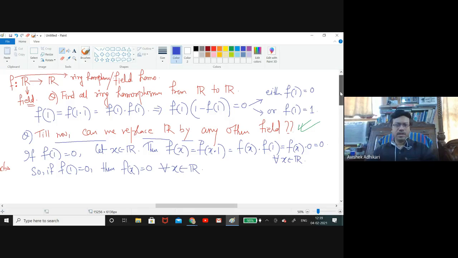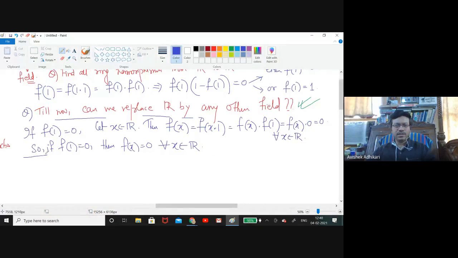Okay. Now there is another case, if f(1) equal to 1. See, I started with any arbitrary ring homomorphism from R to R, and I have seen that the first observation was it can send 1 into only two places, either 0 or 1.